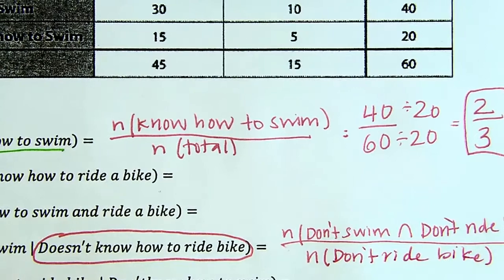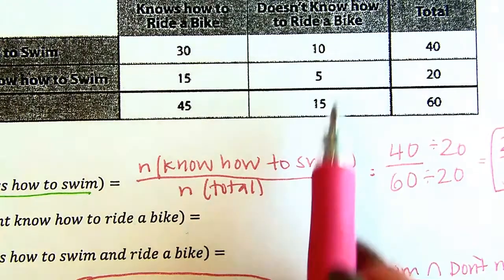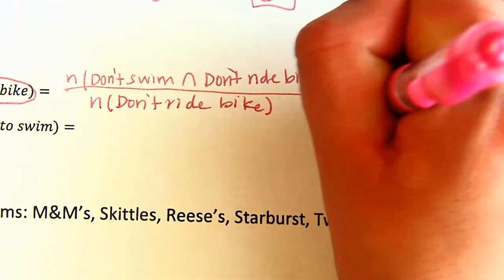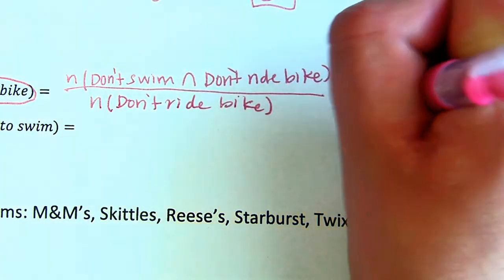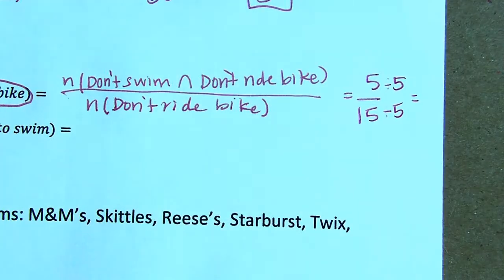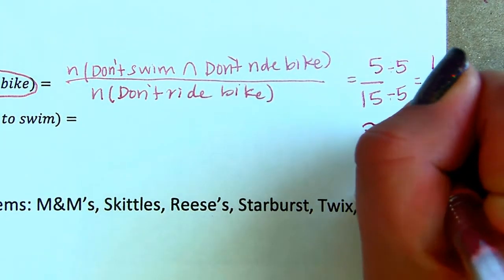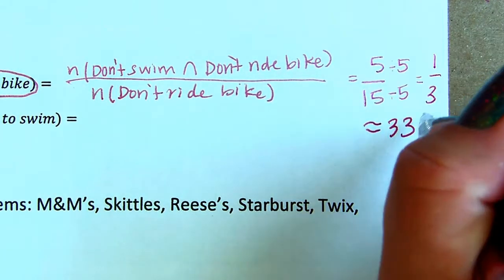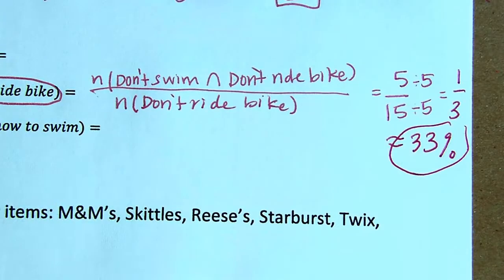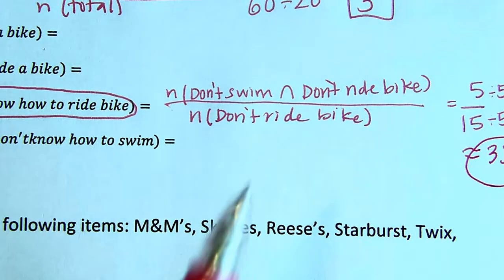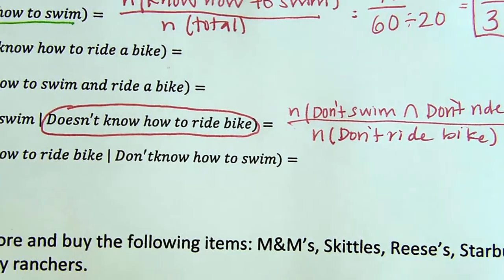And the total that don't know how to ride a bike is 15. So that's our denominator. If we divide by 5, we end up with 1 over 3, and that is about 33%. 33% of the people who don't know how to ride a bike also don't know how to swim.